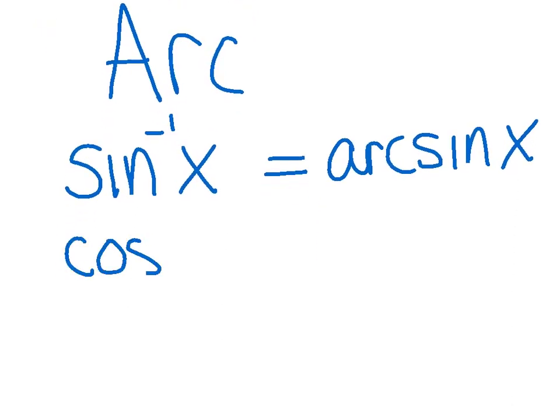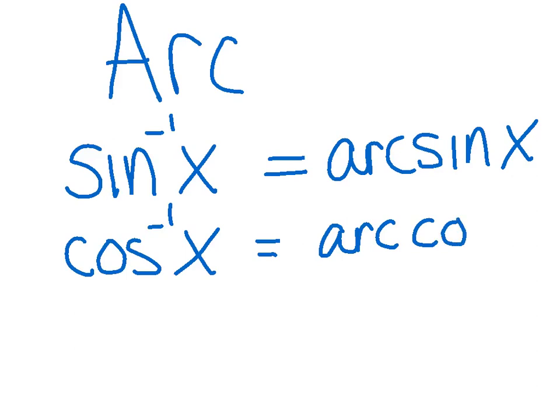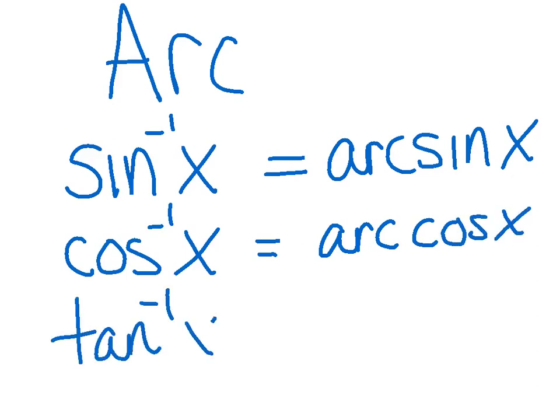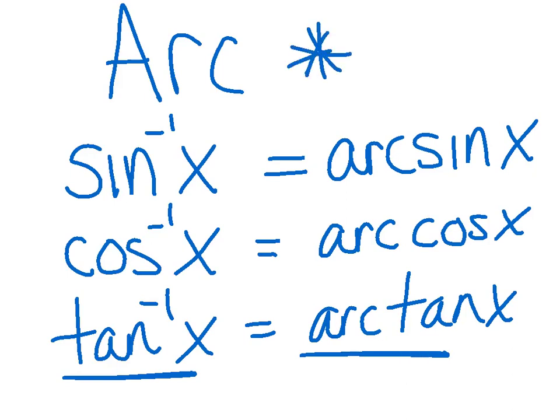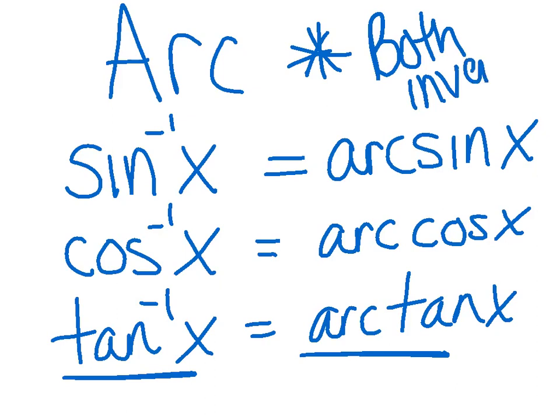It's just another way to say the exact same thing. Cosine inverse of x is the same as saying arc cosine of x. And tan inverse, you've probably guessed it, is the same thing as saying arc tan of x. Okay, they both mean inverse. So let's be really clear, both are inverses. Just two ways to say the same thing.